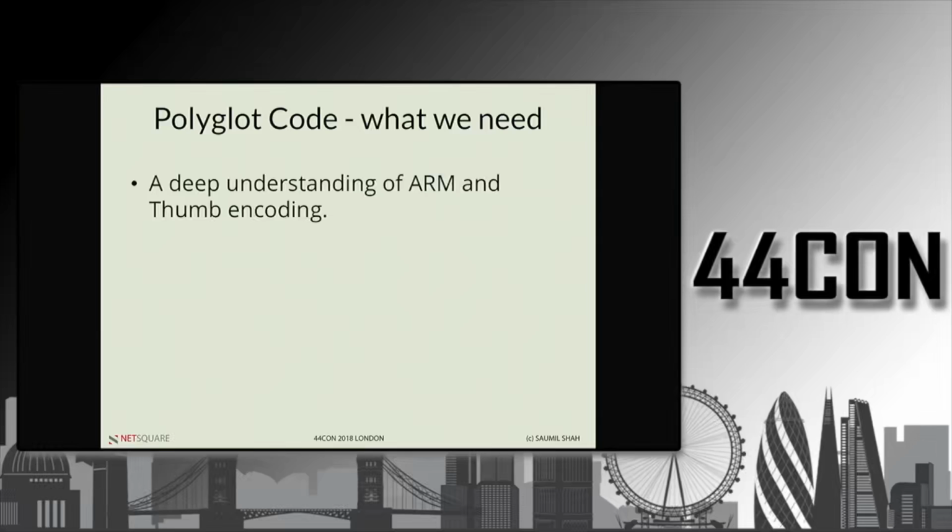Loading from memory is destructive. If you don't know the register you're loading from, you might seg fault yourself. Writing back to memory is destructive. Some push pops, not push pops, but load multiples, store multiples can be destructive. So we want to avoid all of those and then use only a few thumb instructions to do the job for us.